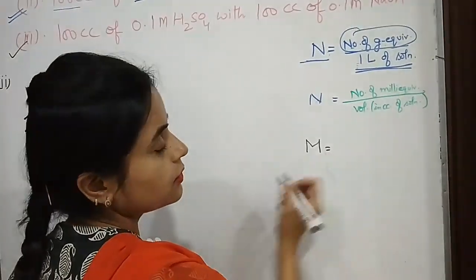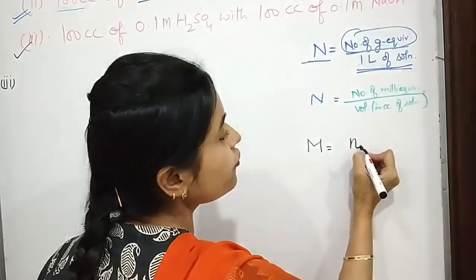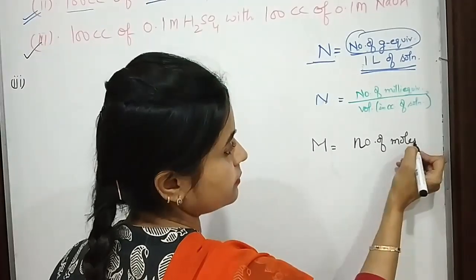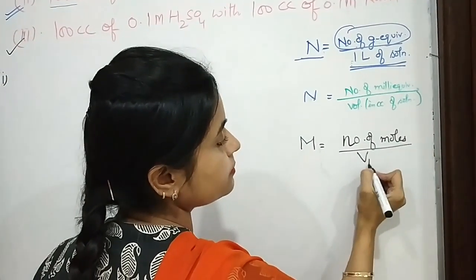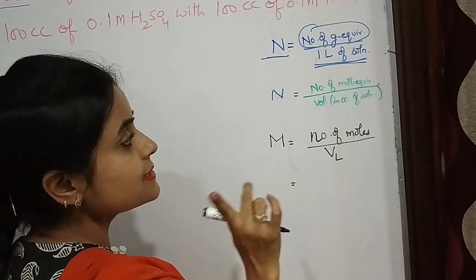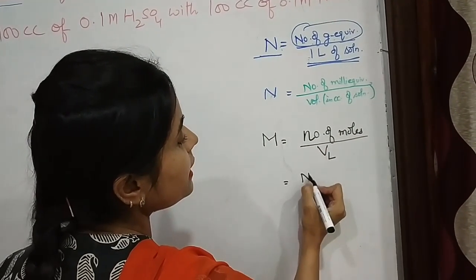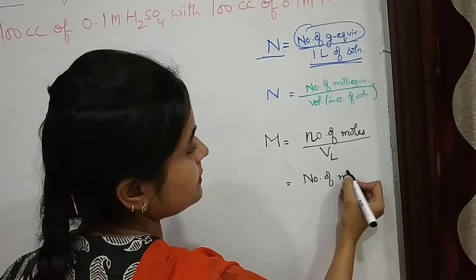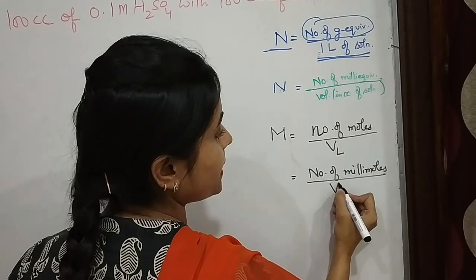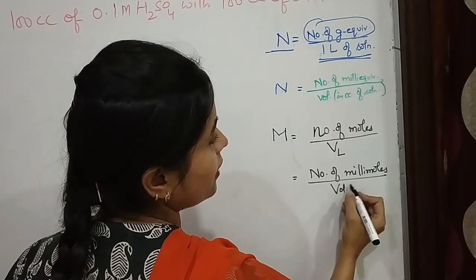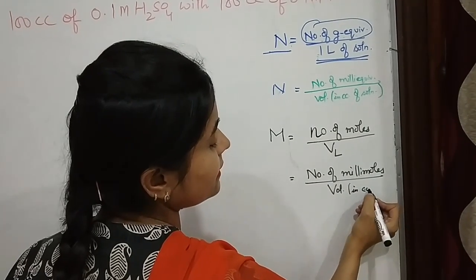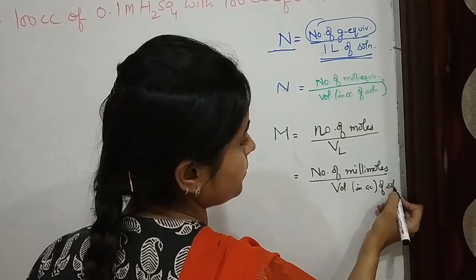Molarity, you have read here, is number of moles of solute present per liter of solution. And if this volume is not in liters, it is in cc, then we say number of millimoles of solute present in volume, which is represented in cc, cubic centimeter, of solution.